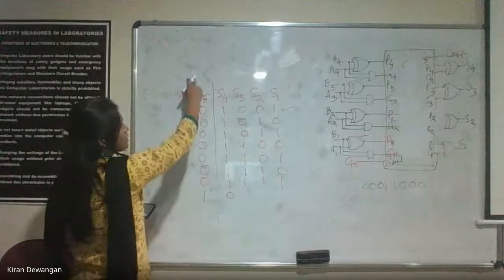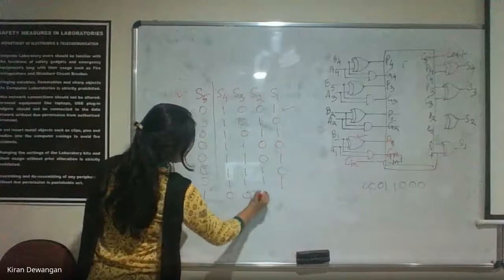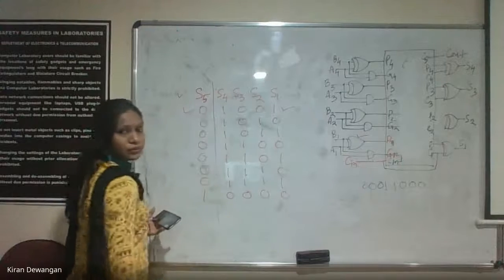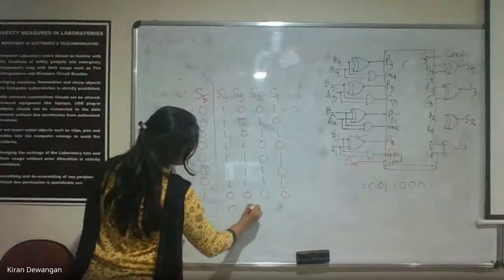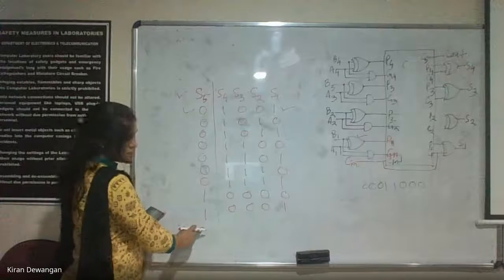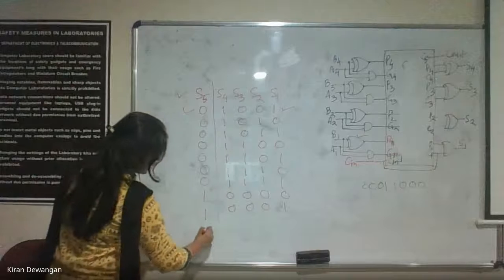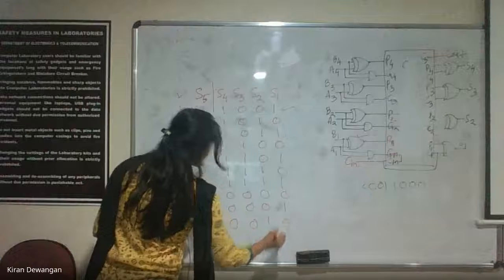That is our S5 goes high, and the rest will be 0. 17 is 10001. This is our 17. 18 is 10010.